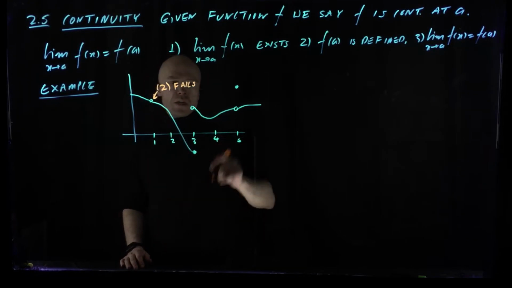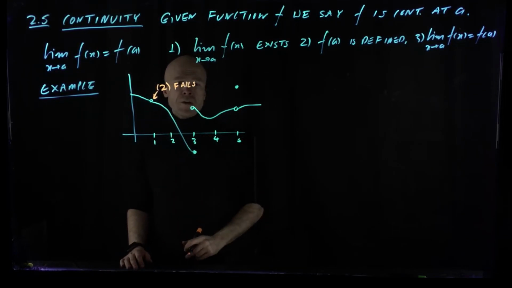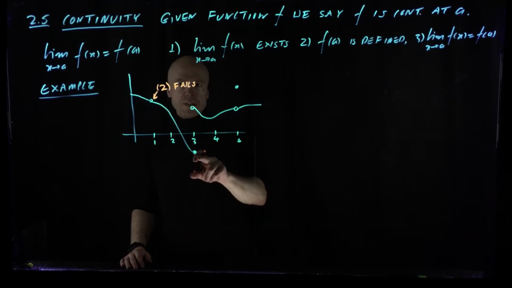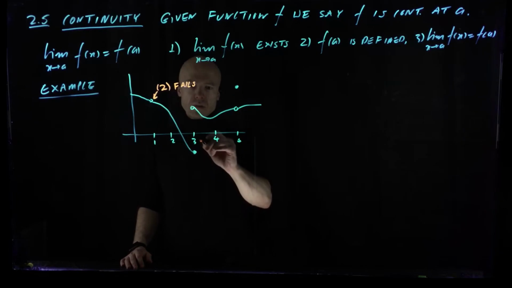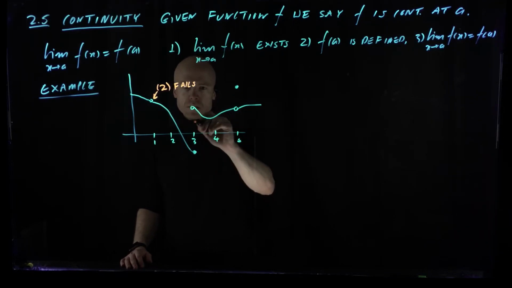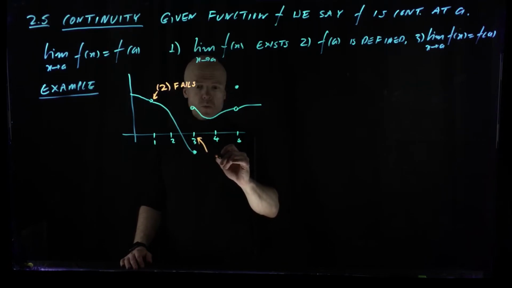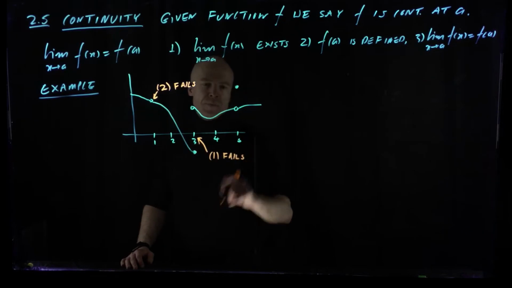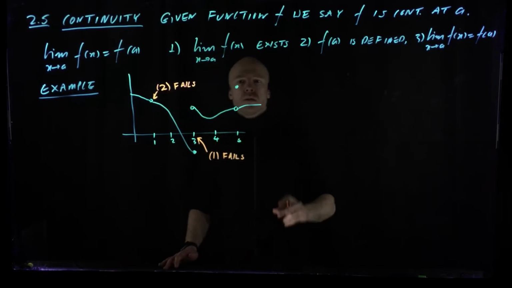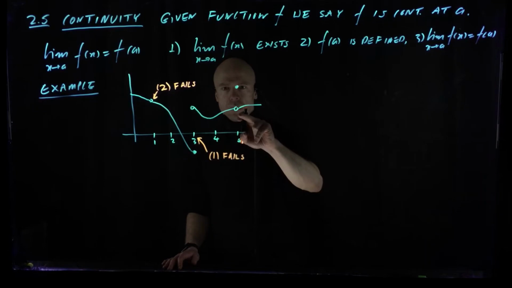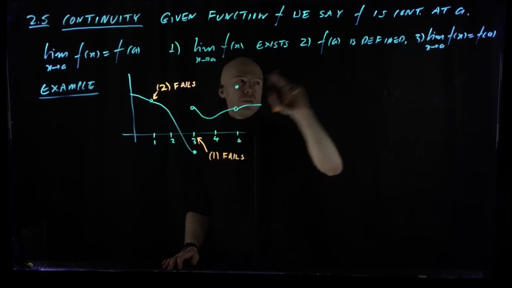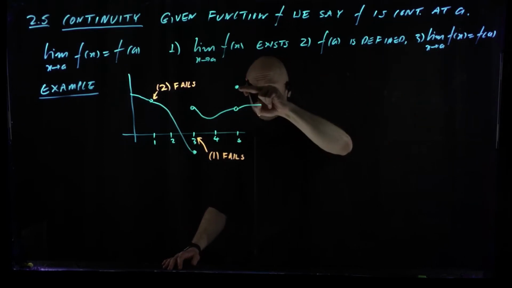And then here, it is defined, but the limit does not exist. The limit definitely does not exist here. So here, 1 fails. And here, the limit exists, right? The limit clearly exists, and it's equal to this value, whatever this is. But the limit is not equal to the value of the function, which takes a different value.